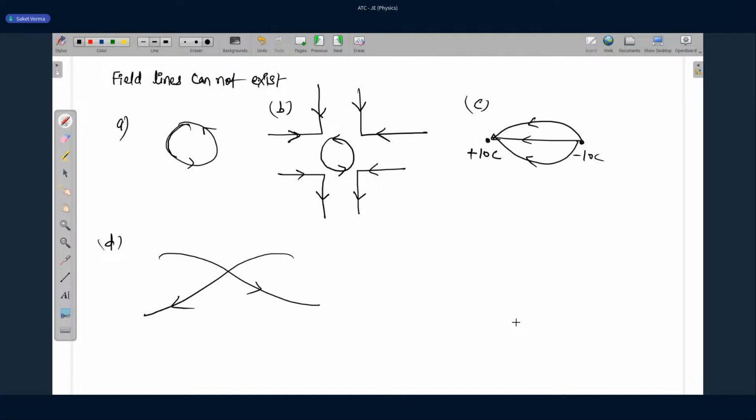They can give you four different options and ask which field lines may not exist, so you have to identify which one will not exist. Remember these points: electric field lines cannot exist if they form a circular loop, if they start from negative to positive, or if they intersect. So you have to choose according to that.